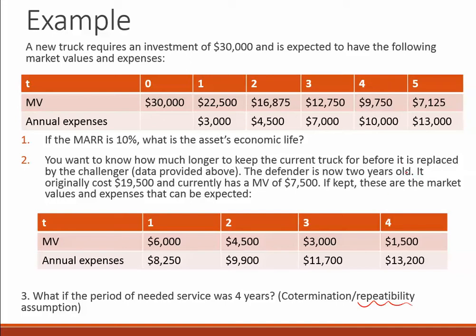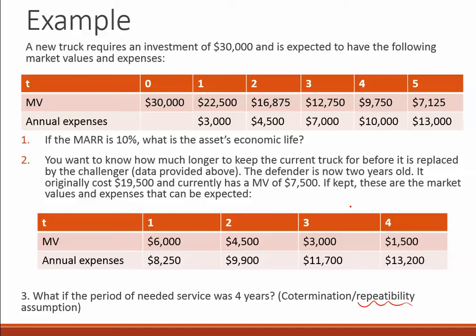So what we can do is we can actually try different combinations just to show you, and for all practical purposes, because of the results from the previous problem where we found that the economic life of this was 3 years, and that we were supposed to replace it at the end of, I believe, the 3rd year. Is that what it was? Yes. So at the end of the 2nd year, going into the 3rd, we were going to replace our Defender with our Challenger.